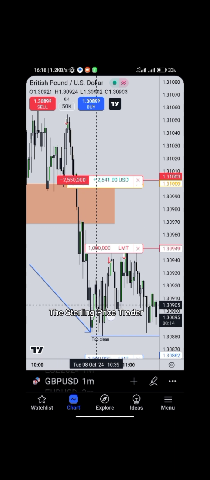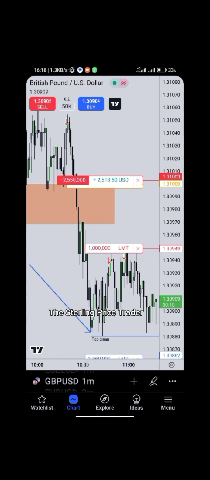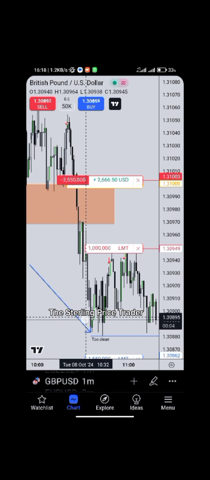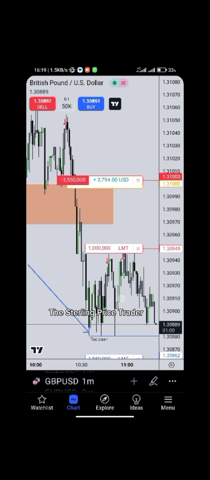Look at all this, no inefficiency. This is a high resistance liquidity run in this place. This was a low resistance liquidity run. It was just easy peasy. But look at this, so much. When I was still learning, it was okay. So here we'll call 1.30880.